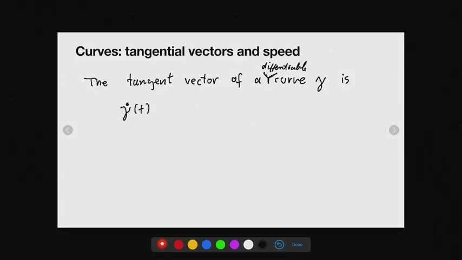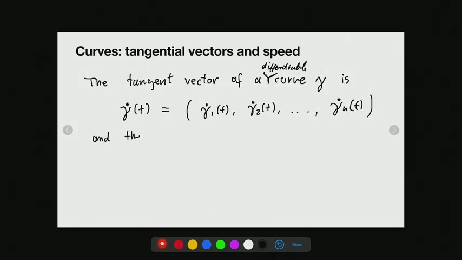Namely, the time derivative of the entire curve is just the vector of all the derivatives in each component: the derivative of gamma 1, derivative of gamma 2, and so on, up to the derivative of gamma n. That's the tangent vector, and there's a quantity related to that.